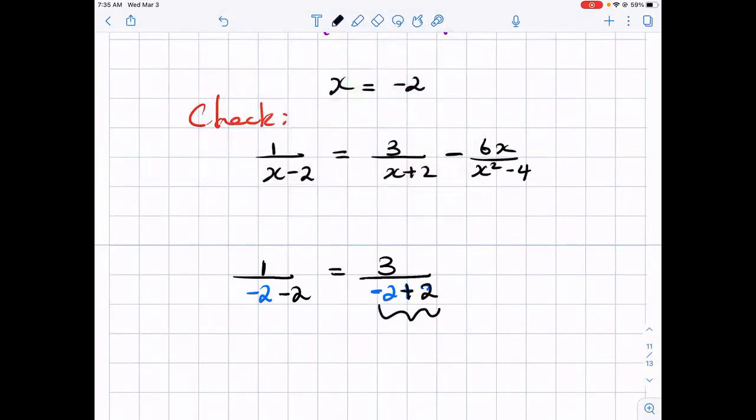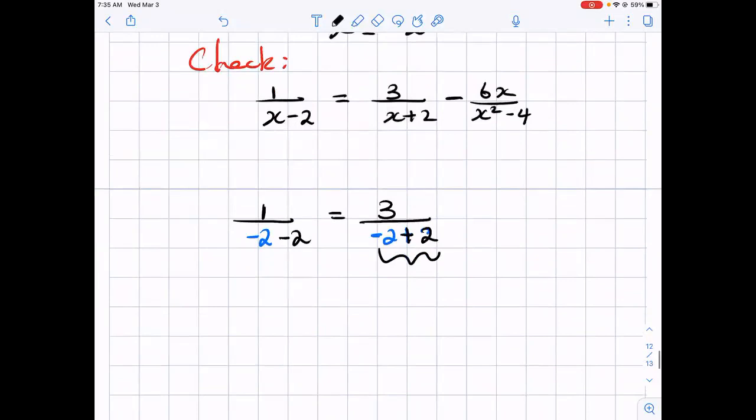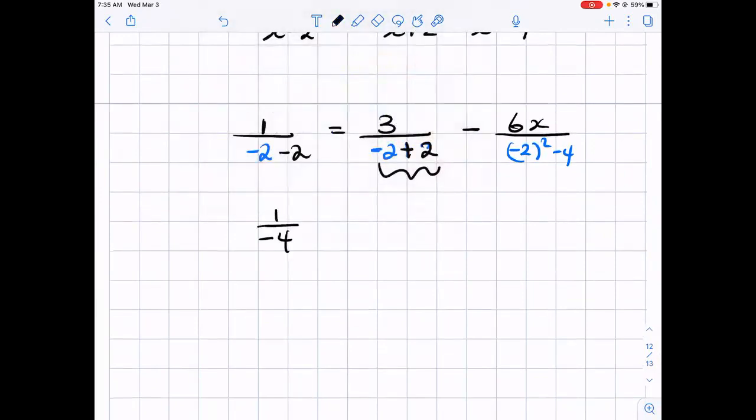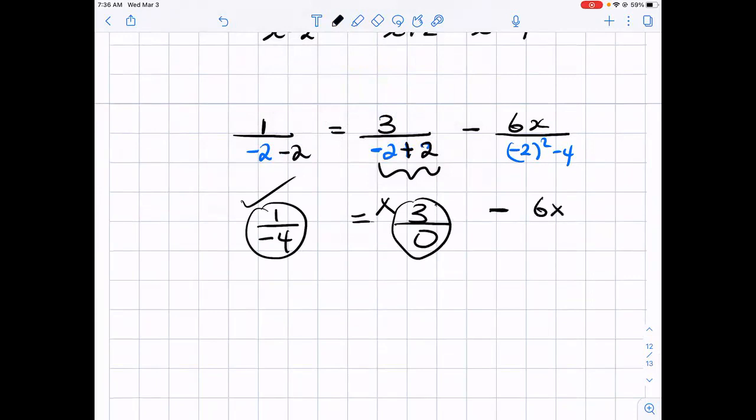This here is 0, and that's a problem. You can stop immediately. So here we're good. 1 over minus 4, this is good, equal to 3 over 0. This is a problem. We cannot have 0 in the denominator, and this is also a problem.